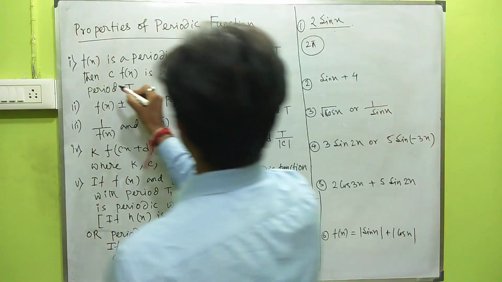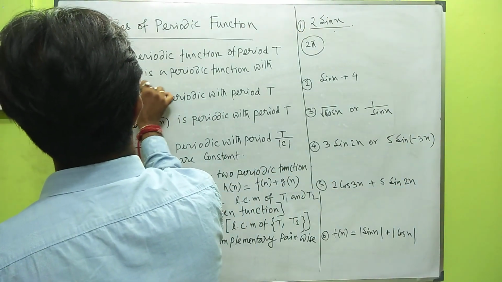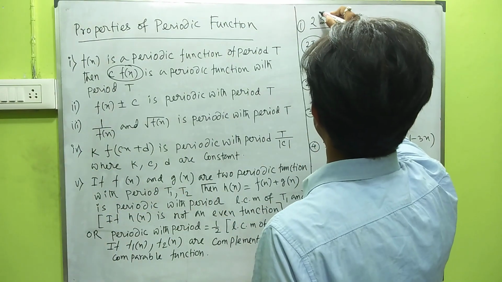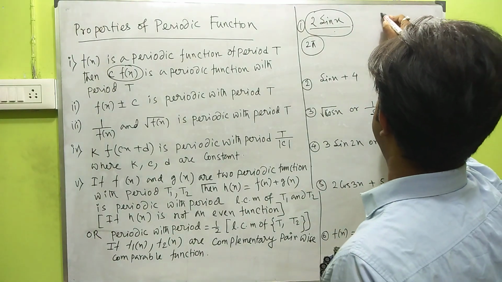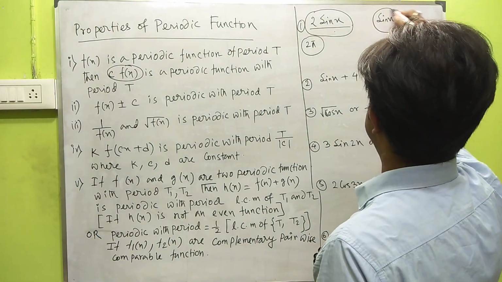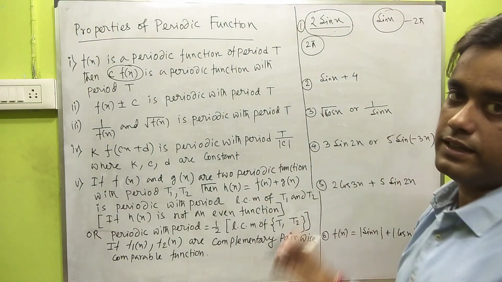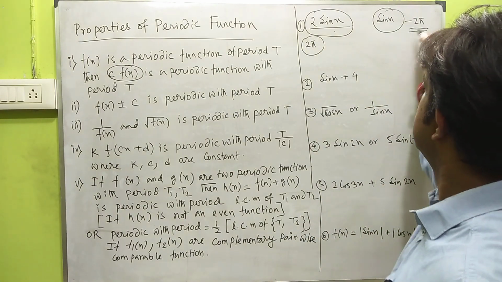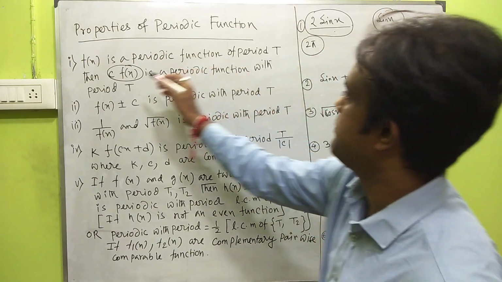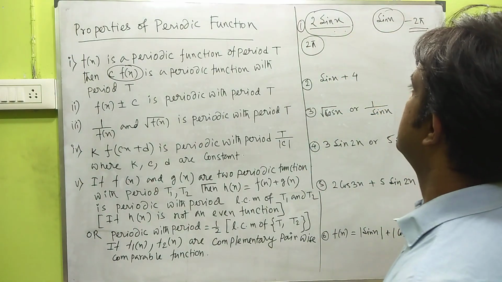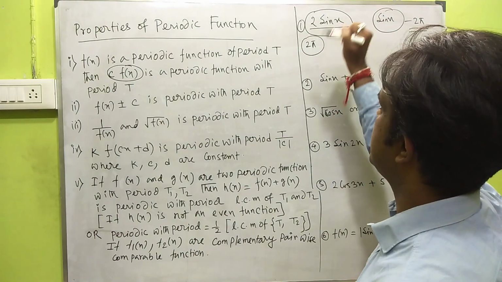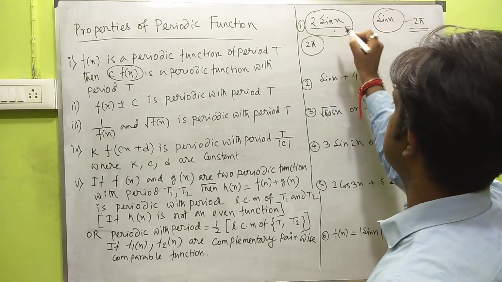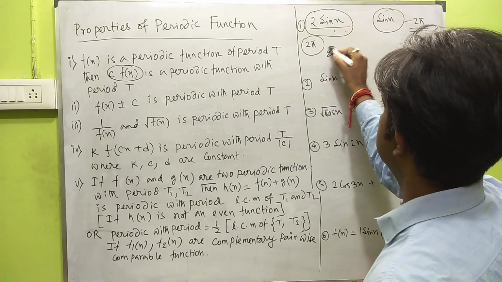If we compare this function c of f(x) with this, what will be the period of this function? The period will be 2 pi.